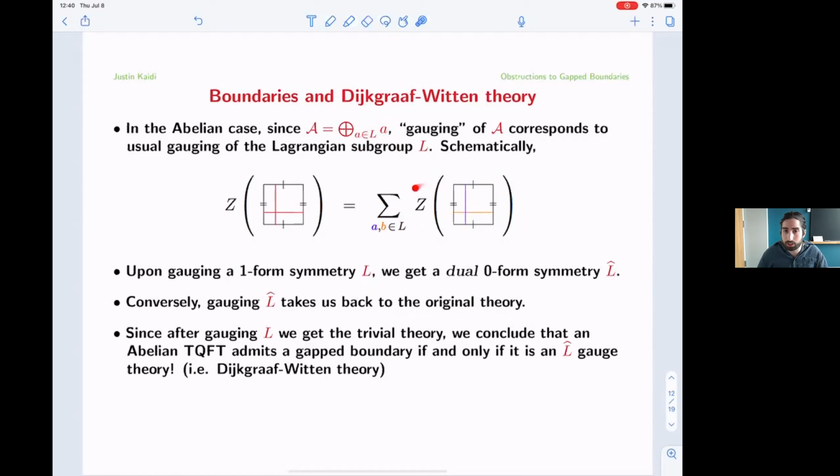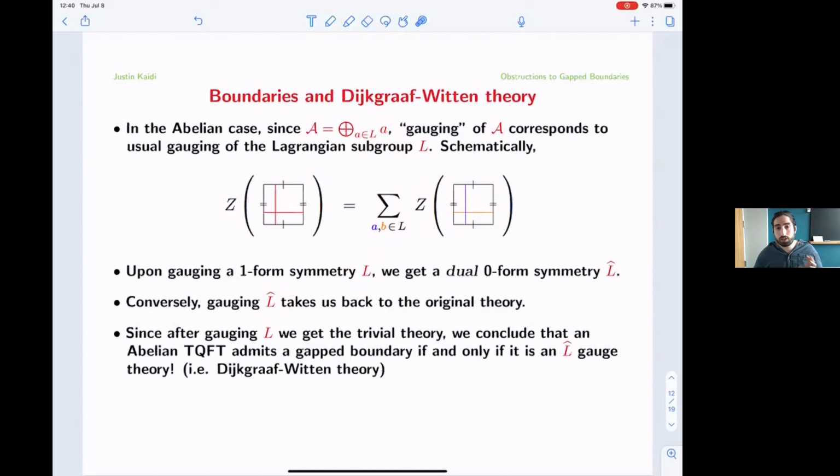And this is just like our usual notion of gauging L. Okay. So you remember that in 3D, if we gauge a one form symmetry L, we're going to get back a dual zero form symmetry, L hat. And conversely, if we were to gauge L hat, we'd go back to the original.